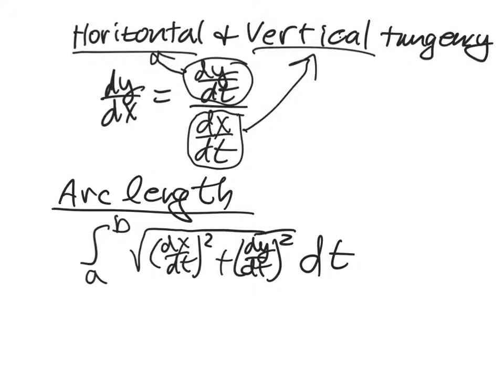And like the arc length with y equals f of x, sometimes the integration is ridiculous. Sometimes it's difficult, if not impossible, to do. So something like that, I may just say, set up the arc length integral, do not evaluate. So I won't make you go through the ugly algebra part.